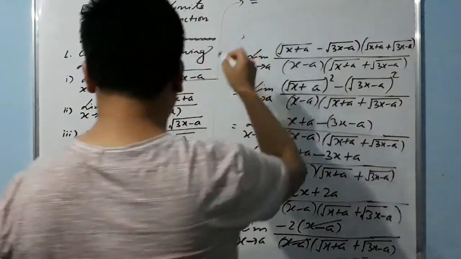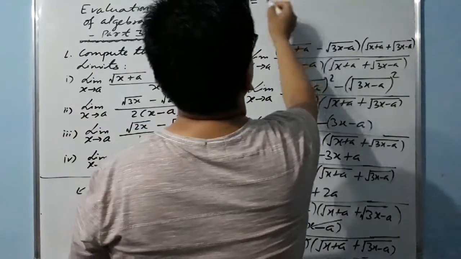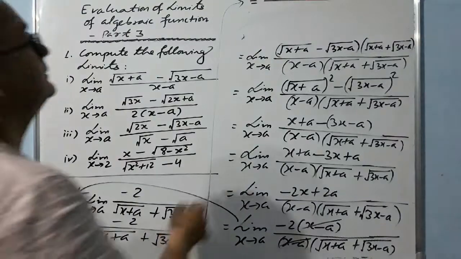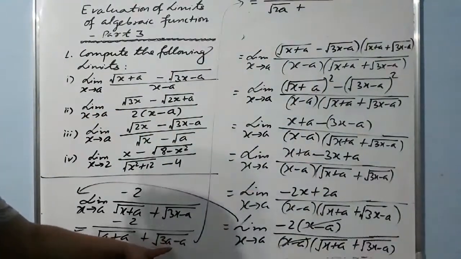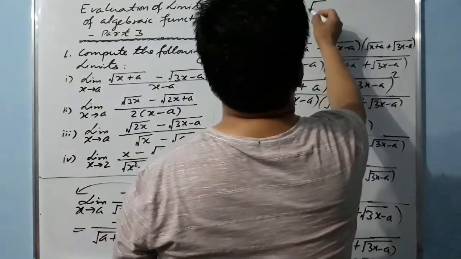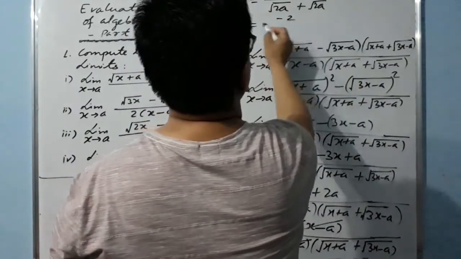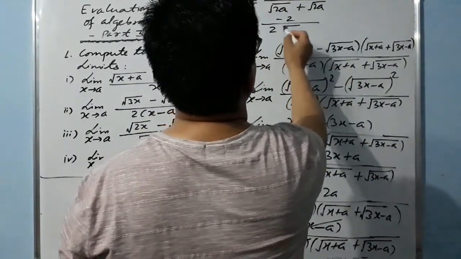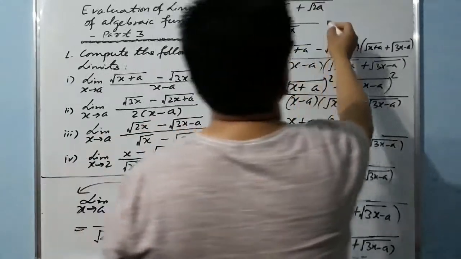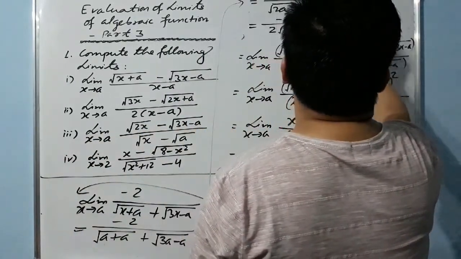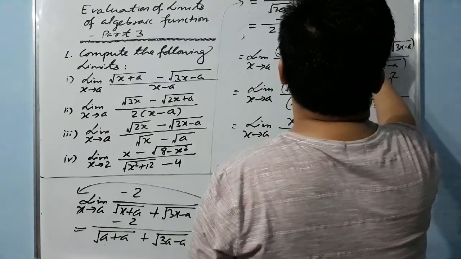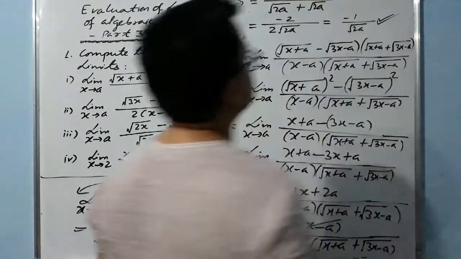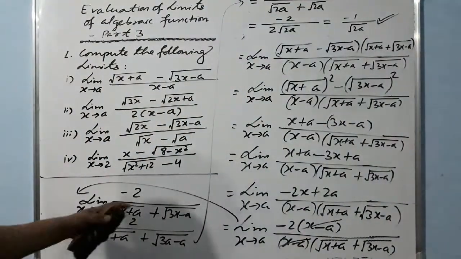This is equal to minus 2 upon root 2a, and plus root 3a minus a, which means root 2a. Like terms: minus 2 upon 2 root 2a, we can simplify. So finally we got minus 1 upon root 2a. This one is the limit of this function.